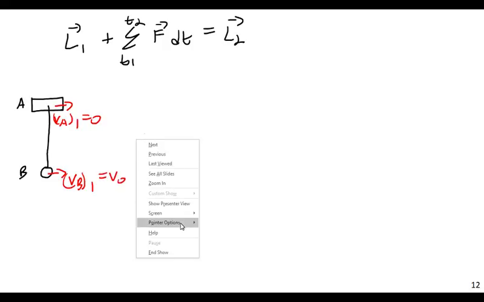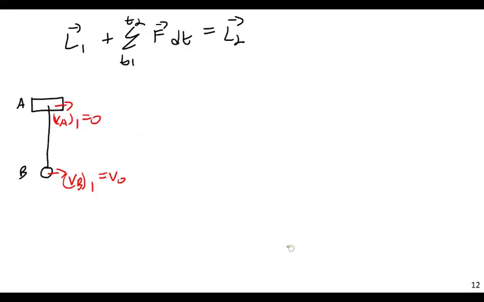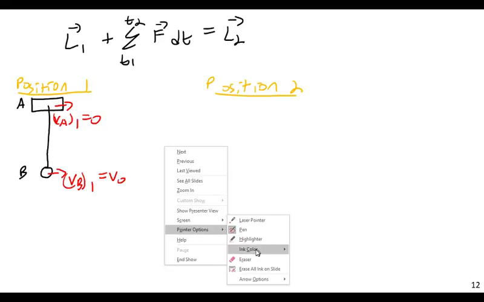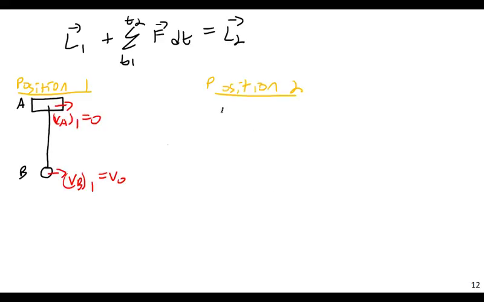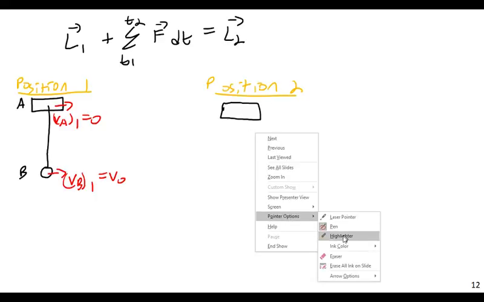So this again is position 1. I'm just reinterpreting this a little differently. And position 2. Position 1, position 2. And the cart now has velocity of VA2.